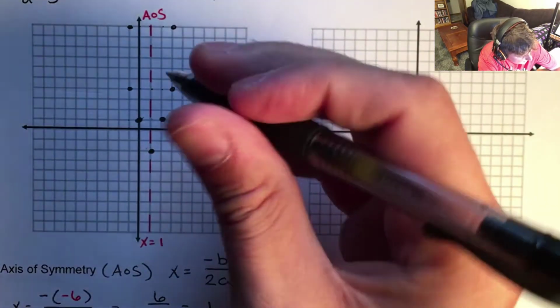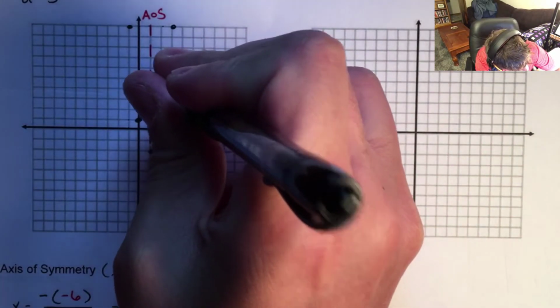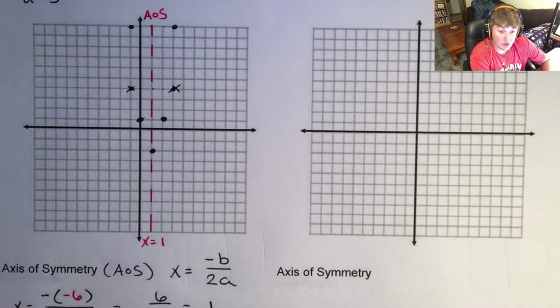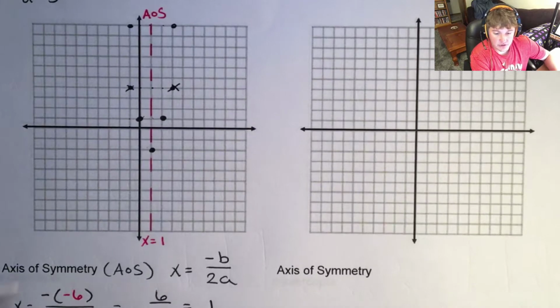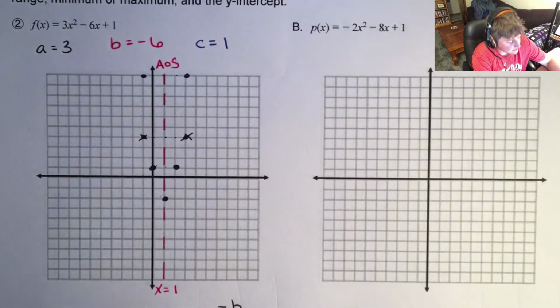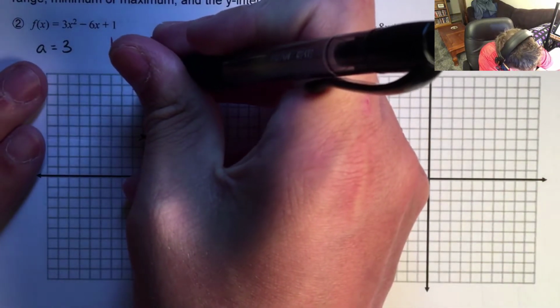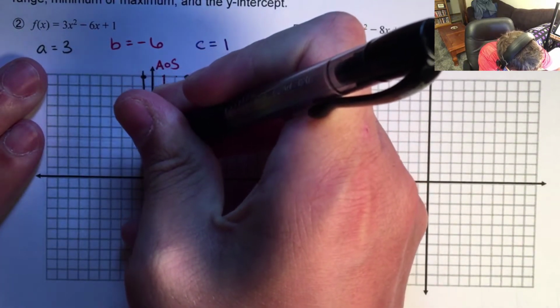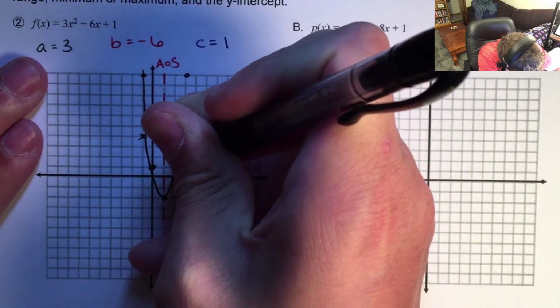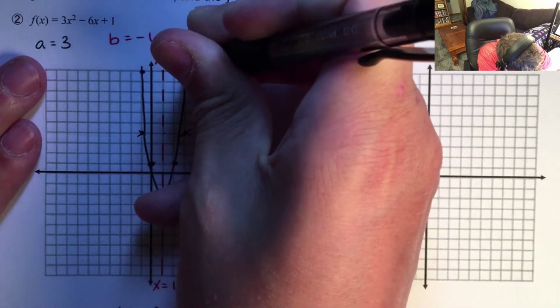Important to note that these are not part of the graph. Those are mistakes. And notice this one grows way faster because that a value is 3. The further you get from 1, the faster it will grow. Then I'm going to try to connect it with as smooth a curve as I humanly possibly can, knowing that more times than not it's not very good.